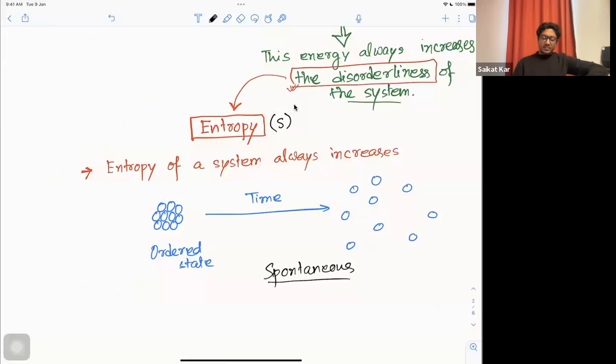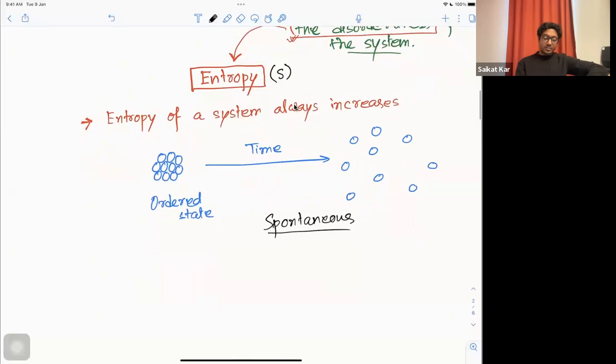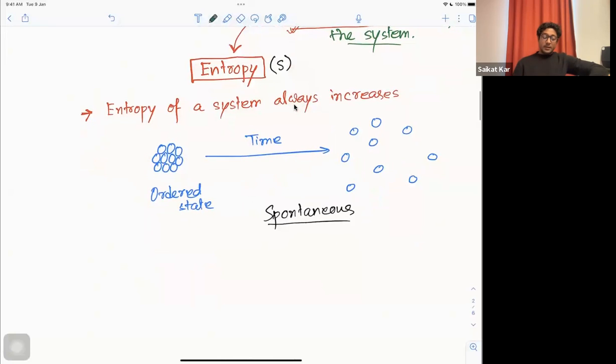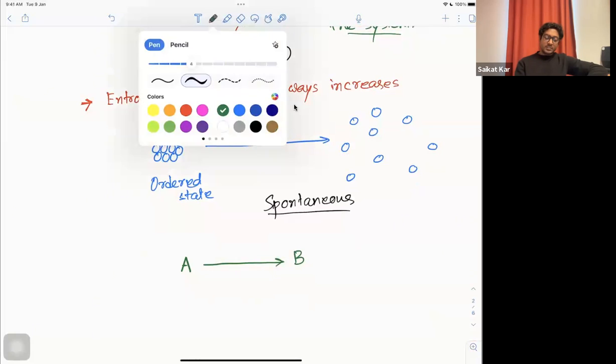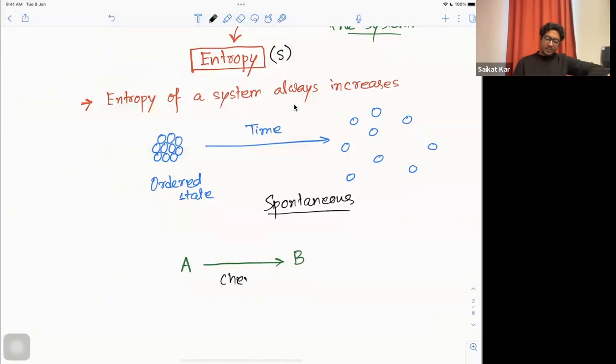So for any spontaneous reaction, for any system, entropy is increasing. Now, suppose a compound or molecule A is converting into B inside a cell. So suppose this is a chemical reaction, A is getting converted into B.